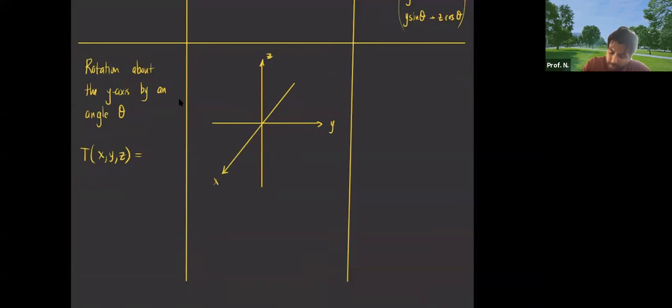So now I'm rotating this about the y-axis, and I'm taking some point in space, x, y, z.